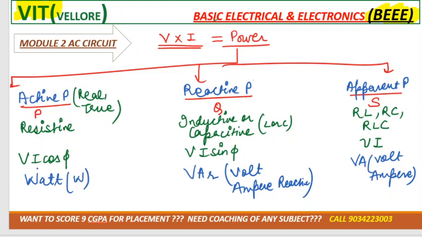Active power, where we are using resistive load, we use at our home, right? Like a bulb or whatever appliances we are using at our home, that is active power consumed. Inductive and capacitive loads we mainly get in a factory, like industry, where we are running an induction motor. Okay, so it would be in industries, you can say. Apparent power is where we are mainly using transformers.